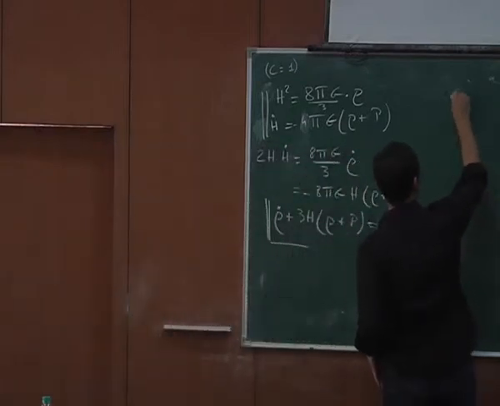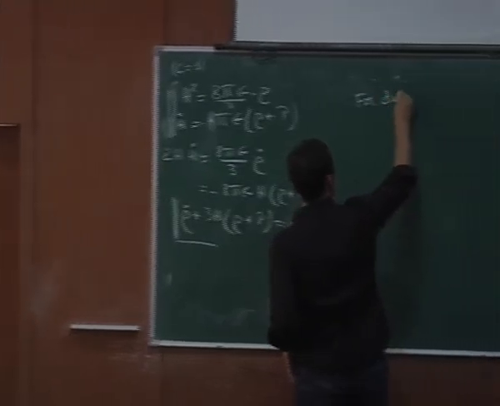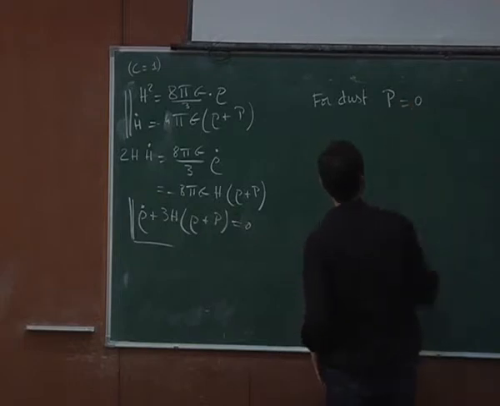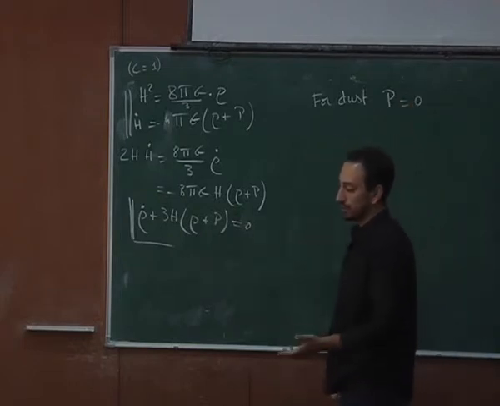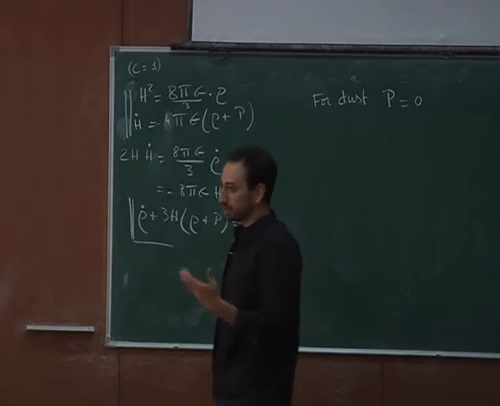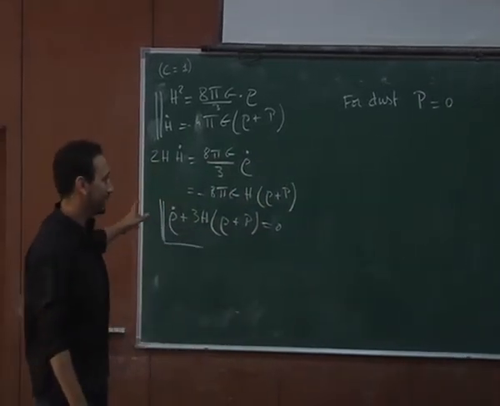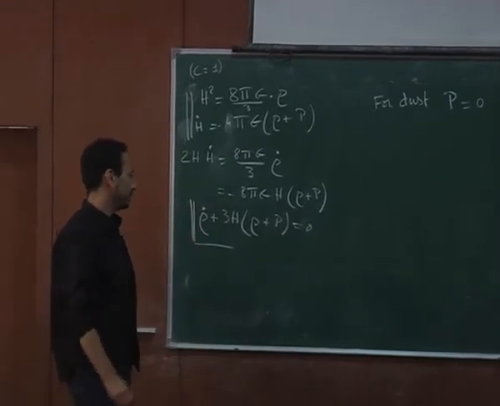One is dust. For dust, the pressure is 0. It doesn't mean that the pressure is exactly 0. It's just that you consider a fluid where the pressure is negligible compared to the density, so mostly what you have is density.